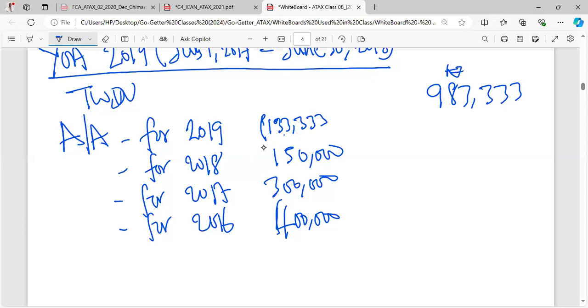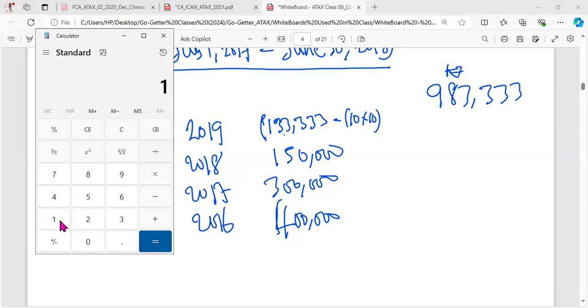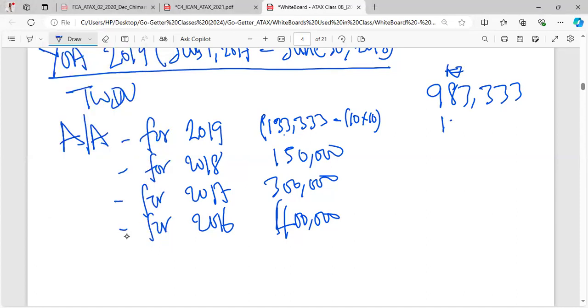So you minus 10 naira times 10 assets, which is 100 naira. So 133,333 minus 100 will give me 133,233.